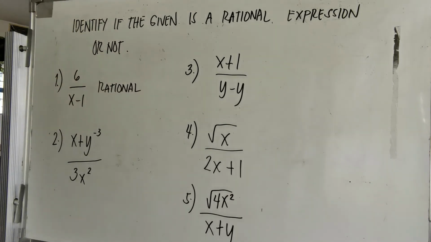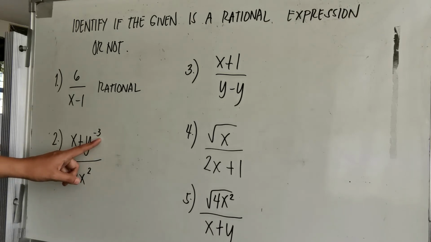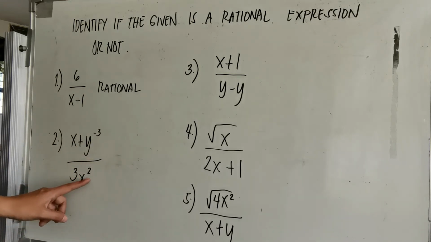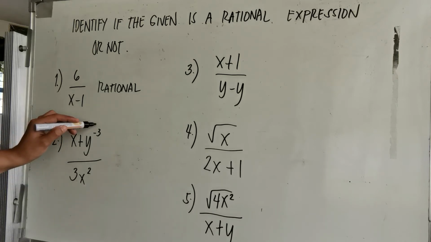Okay? Next. For our number 2, we have x plus y raised to negative 3 over 3x squared. Okay, so is it a rational or not? Okay, observe that meron tayong exponent which is negative 3.